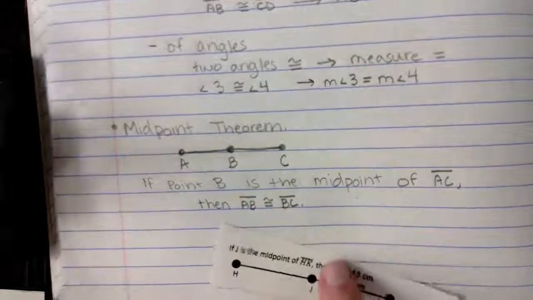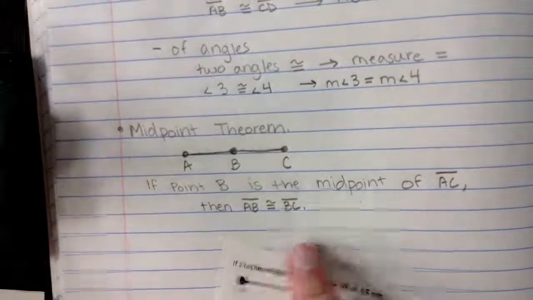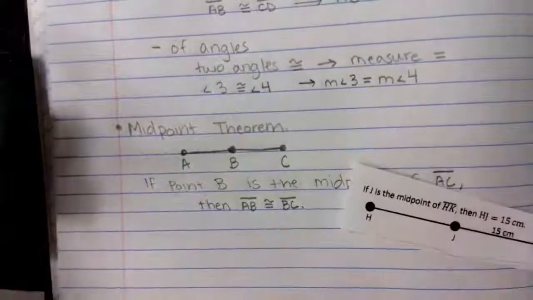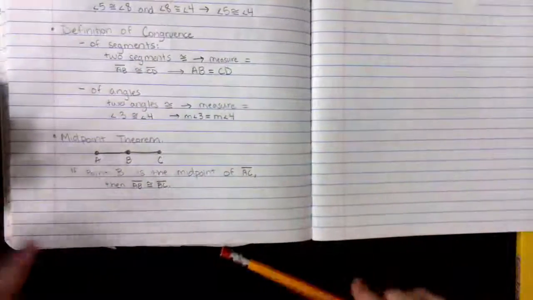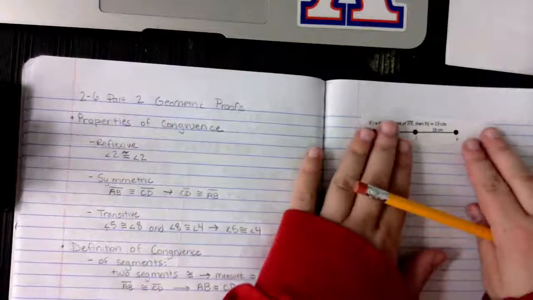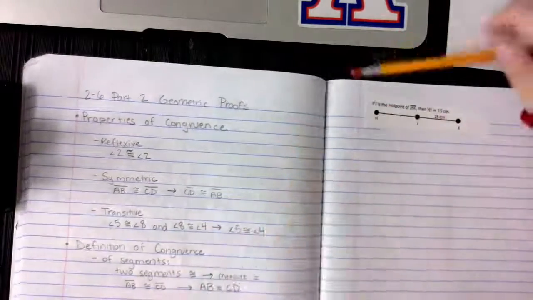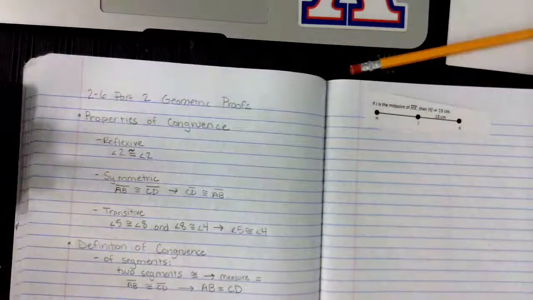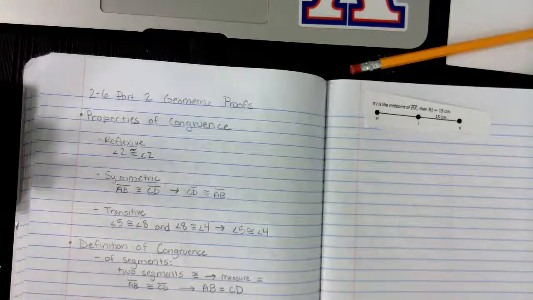You are going to need space for this because we are going to do a 2-column proof. So I am going to go to my next page and glue it at the top of this page. If you'd rather not glue it and you want to copy it word for word and draw the picture yourself, you could do that, but this is easier.